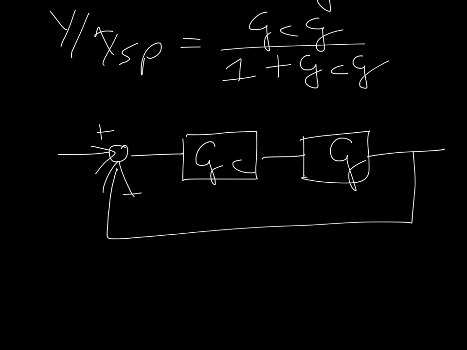We just say we have a known G, so G is known, and we're trying to figure out GC given a known closed loop behavior, so that would be tau c.